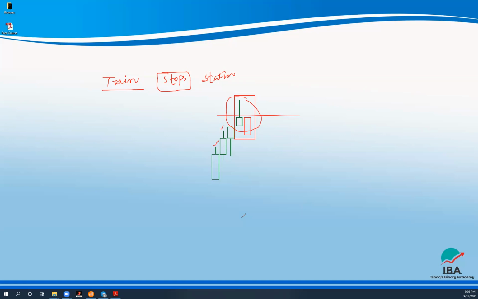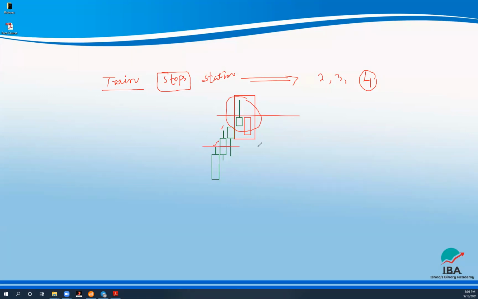We will count. Sometimes when the train is moving, it skips station number 2, skips station number 3, and stops at station number 4. Right? It's common that not every train stops at every station. A selected train stops at selected stations.